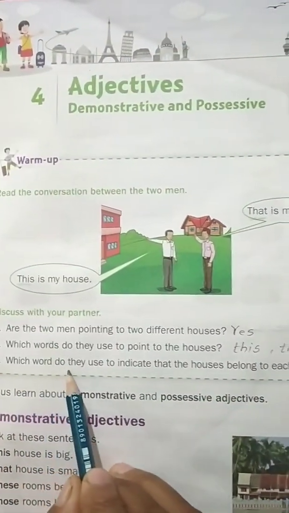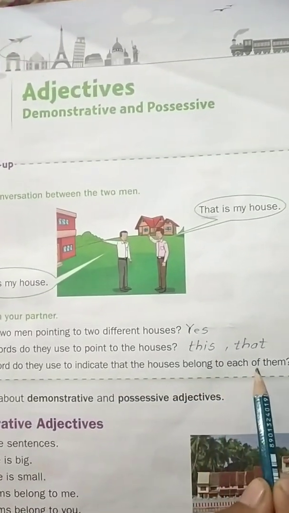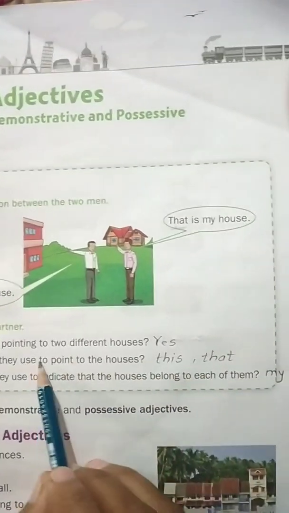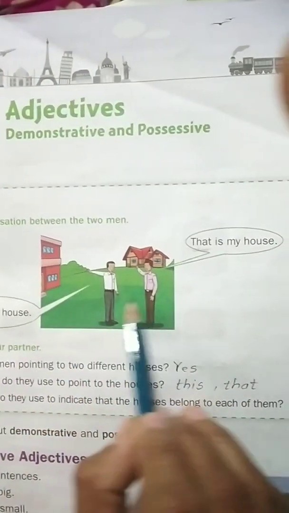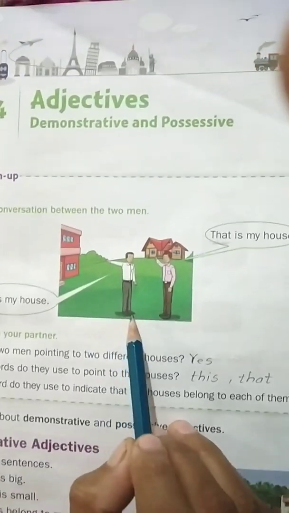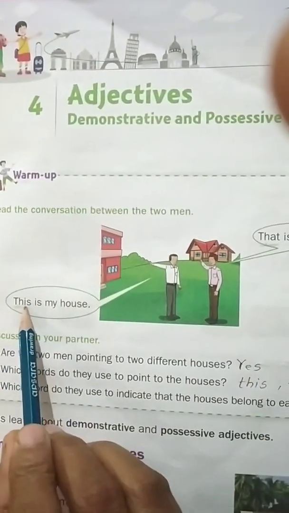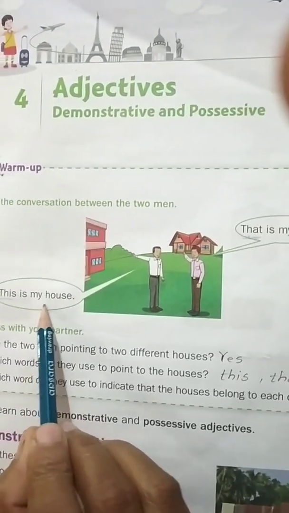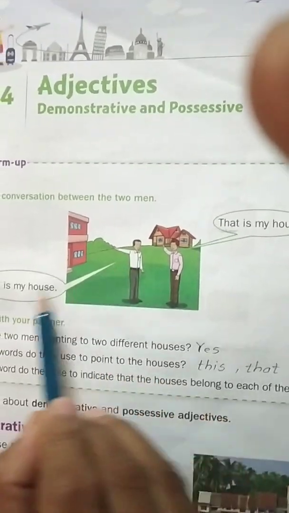Which word do they use to indicate that the houses belong to each of them? So these houses belong to these two people. How do we know that? Because they have used particular words for that. This is my house. Which word is showing us that this house belongs to this person?